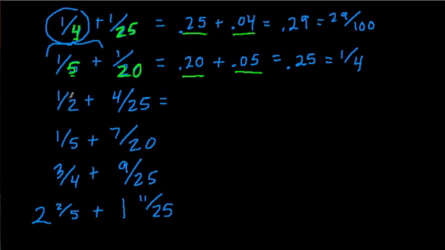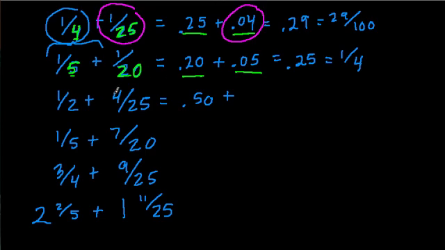Okay, keep going. A half is like a half of a dollar, or 50 cents. Well, what is 4/25ths? What does that mean? Well, we knew from one of our previous steps that 1/25th was 4 cents, right? Because 4 cents goes into a dollar 25 times.